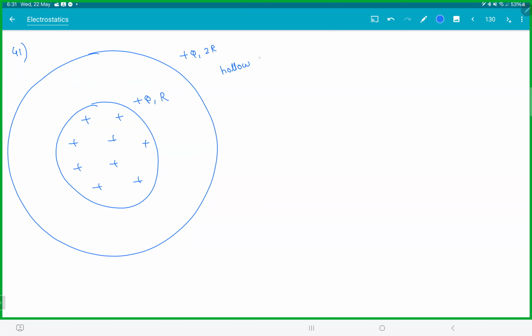Find the total energy of the system. When I say total energy, I mean if you create this system from scratch, what is the total energy of this system? Let's get this.